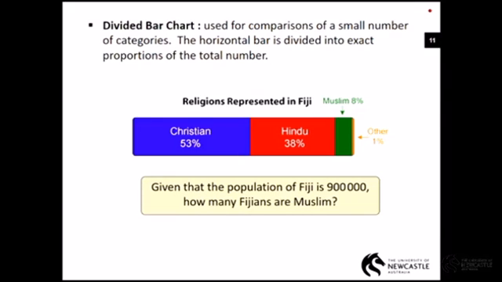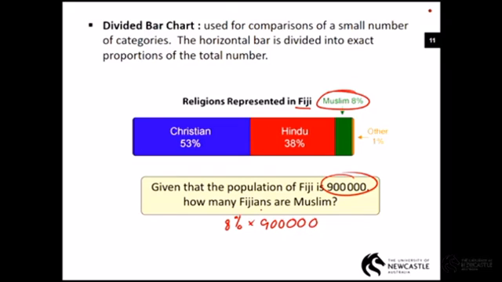Given that the population of Fiji is 900,000, how many Fijians are Muslim? Well, all I need is, this is Fiji's percentages. I'm discussing 8% of the population, and the population is 900,000. So all I've got to remember here is, how do I work out 8% of 900,000?